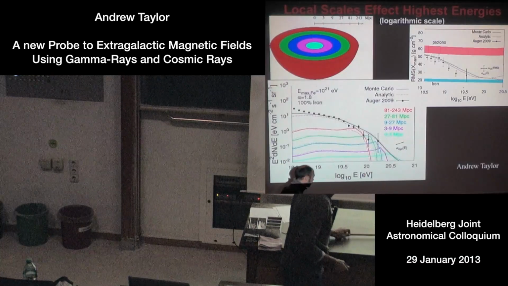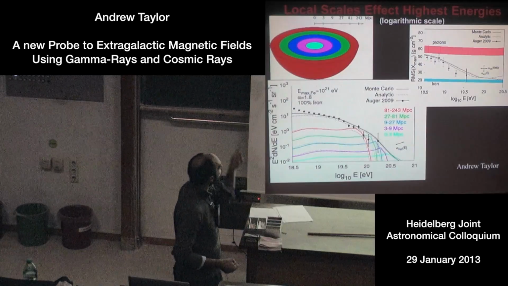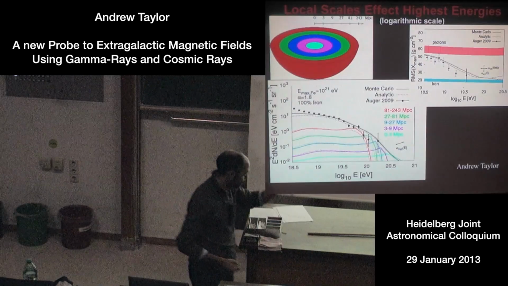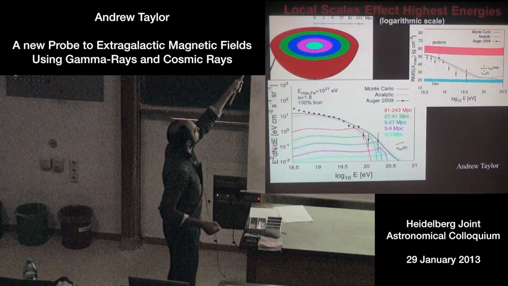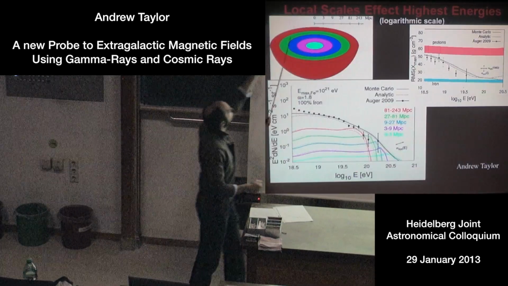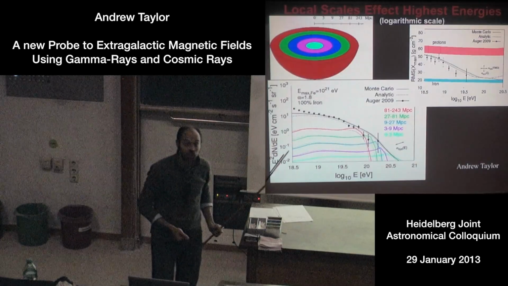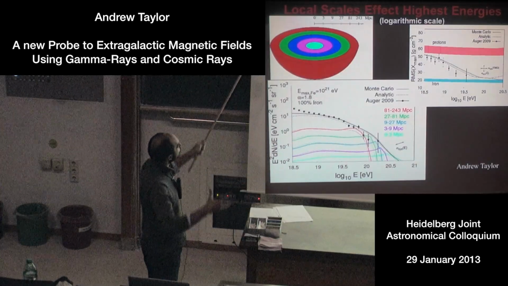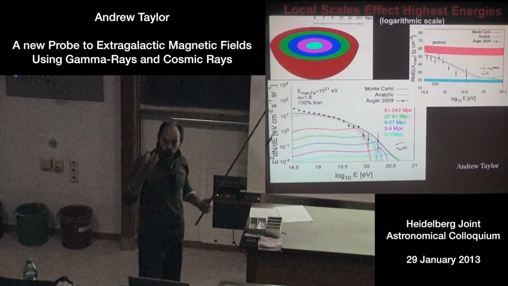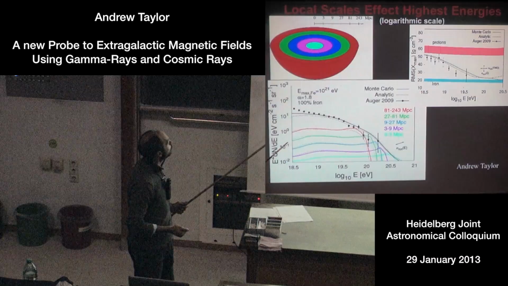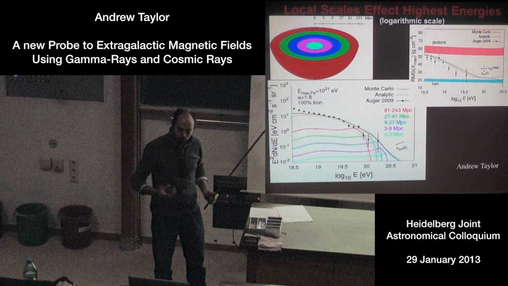Okay, and the reason I've gone through this is because I want to explain why we can use this again as a magnetic field probe. If the situation were like this, and the sources were actually homogeneously distributed, and we just turned a magnetic field on, actually not much would change. The more distant sources from the distant shells wouldn't be able to, their cosmic rays wouldn't be able to arrive, but that would be compensated by the more local sources.